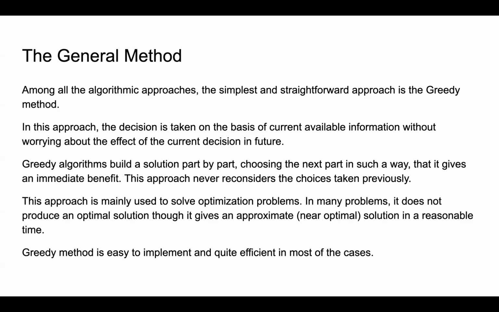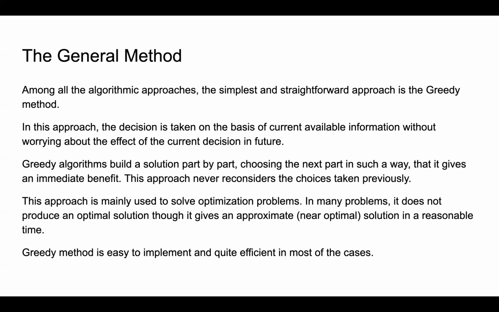Okay, so these greedy approaches, greedy algorithms are used. Now, the greedy method is easy to implement and quite efficient in most of the cases. Quite efficient means it will give us the optimal solution or approximate solution in most of the cases.